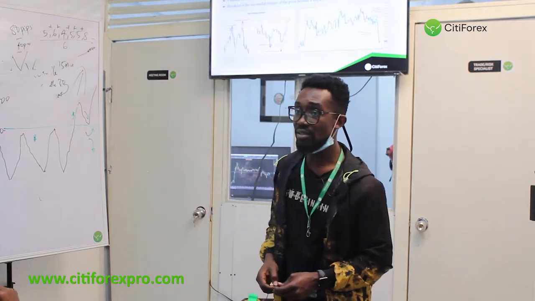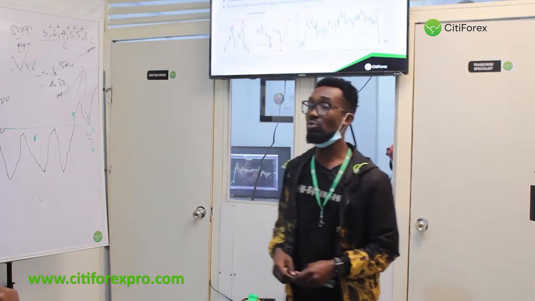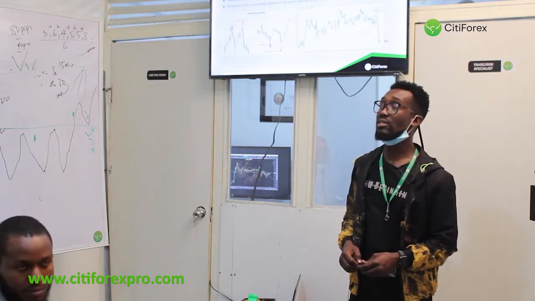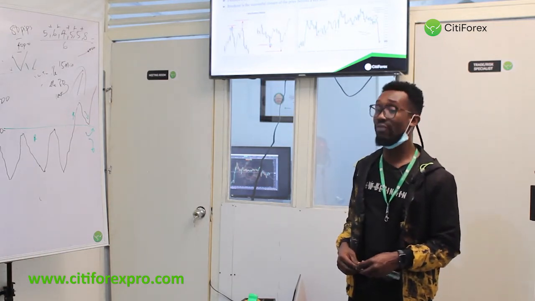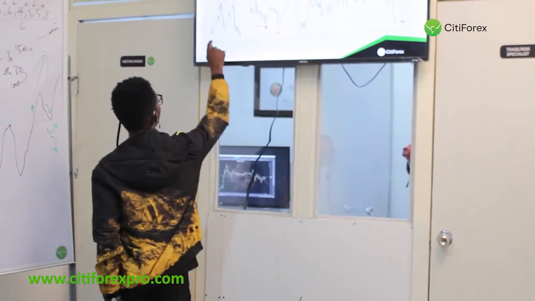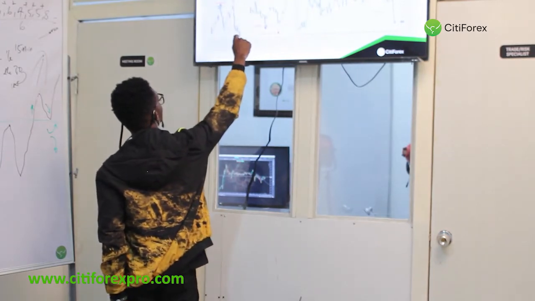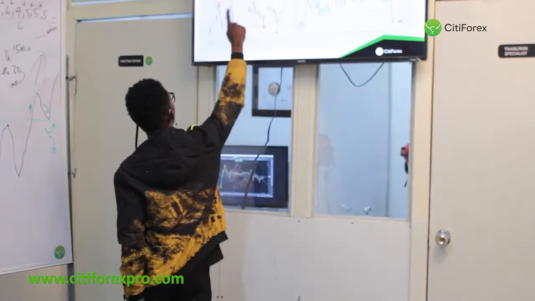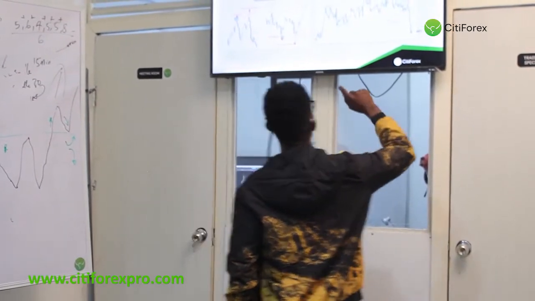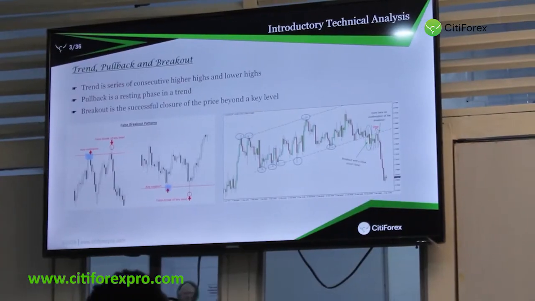As a matter of fact, it is the same principle we use with overshoots. An overshoot is saying touch once, touch twice, reject, and then go.